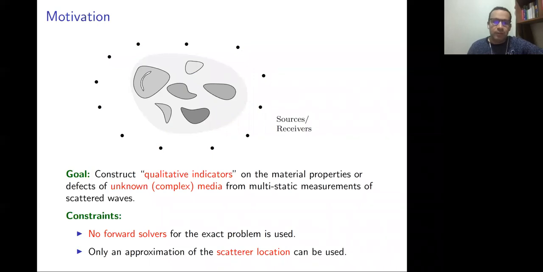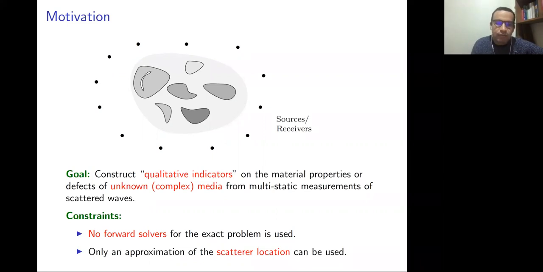this topic. The application we have in mind is related to inverse scattering, typically the situation where you have some measurements, here multistatic measurements, so many sources and receivers, and you would like to probe some complex domain that is difficult to model.